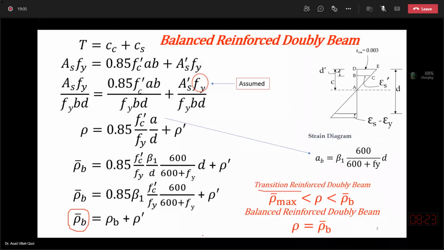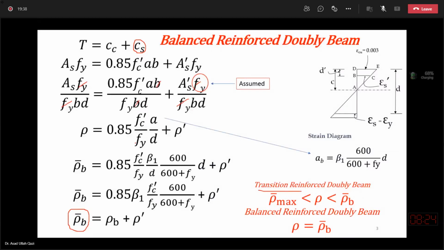There is absolutely no difference. I will call the longitudinal equilibrium equation like I did earlier, and I have two components. I will expand them, substitute them, assume compression steel at yield, and divide both sides with Fy b d, and I will replace As over bd with rho and As prime over bd with rho prime, and I will get the same equation which I got on the previous slide.